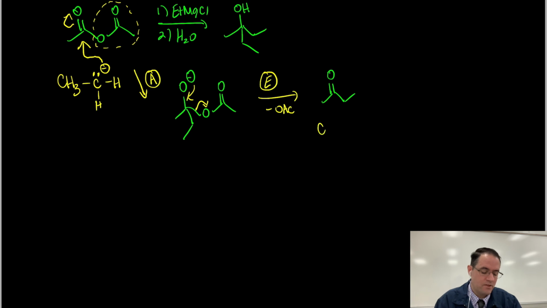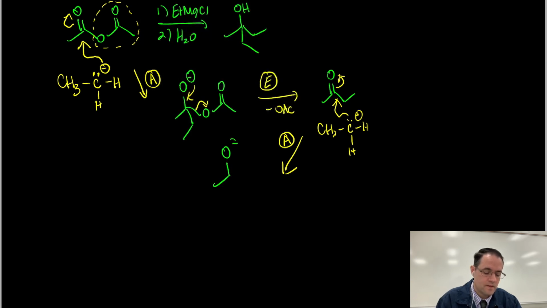So what happens is that we have another equivalent of our ethyl Grignard, okay? And that can attack the carbonyl carbon, push electrons up to the oxygen, giving us now an intermediate with 2 ethyl groups attached, okay?